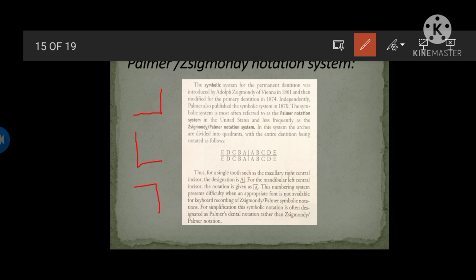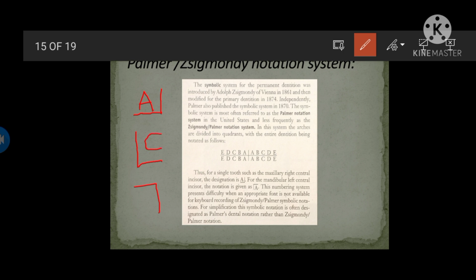So if I want to denote the central incisor of the upper right quadrant, I would be denoting it like this. Okay, if I want to denote the canine, that is the third tooth of the upper quadrant of the left side, I would be denoting it like this.